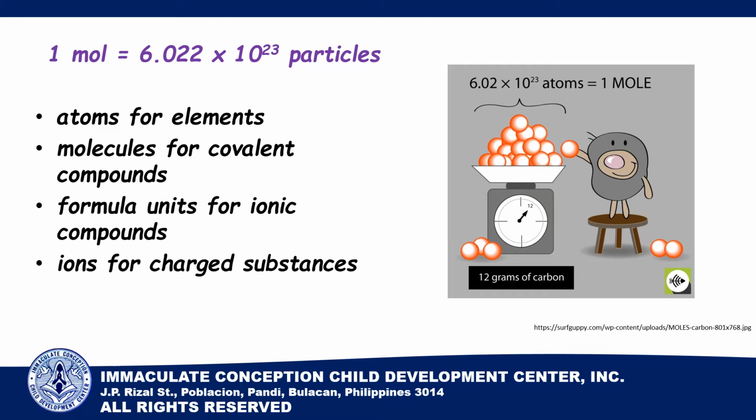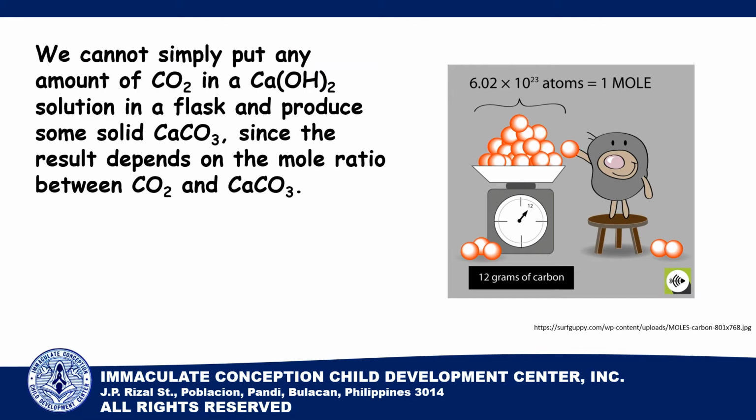As in physics and mathematics, we need to measure and count things. We cannot simply put any amount of carbon dioxide in a calcium hydroxide solution in a flask and produce some solid calcium carbonate, since the result depends on the mole ratio between carbon dioxide and calcium carbonate.